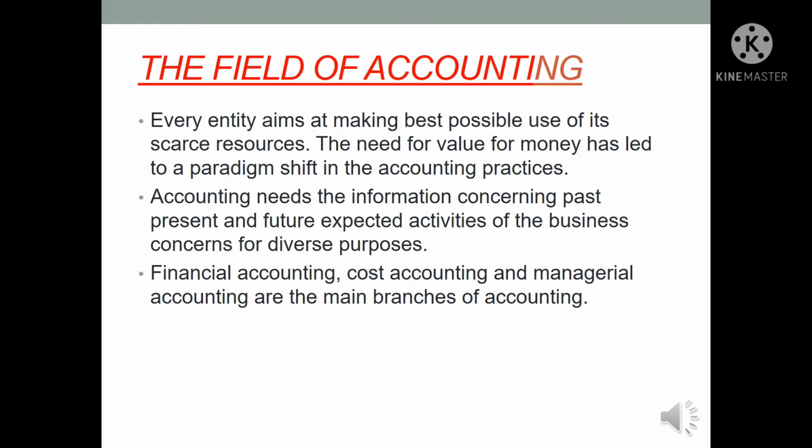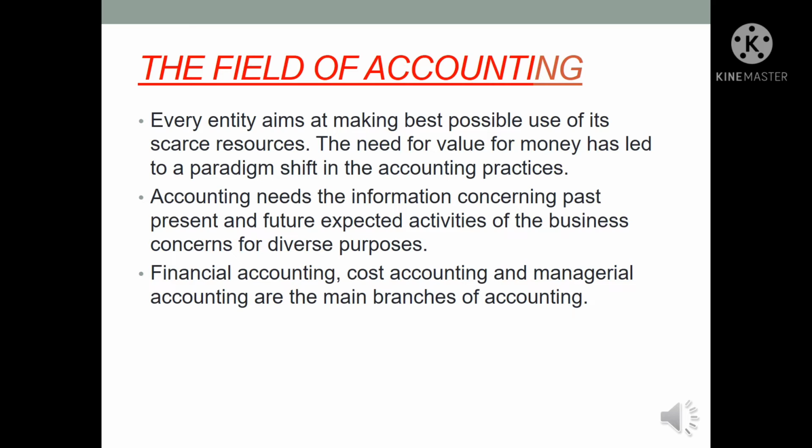Remember, this information from the accounting departments is required by different groups, for example managers, investors, bankers, creditors, tax authorities, regulatory agencies, labor unions, and the general public. These groups tend to have vested interest in such information.